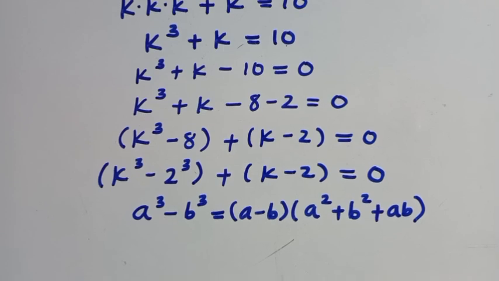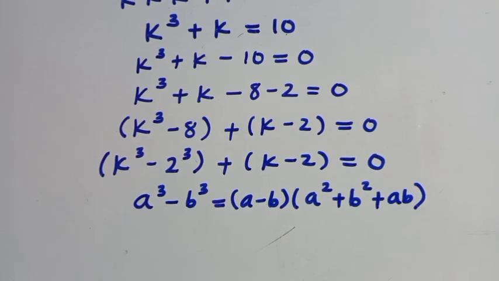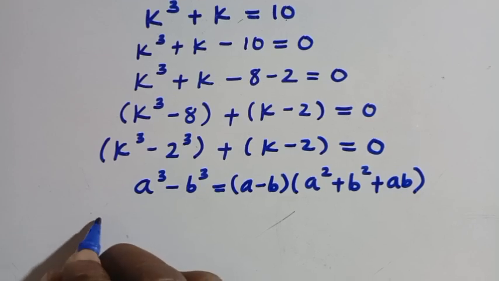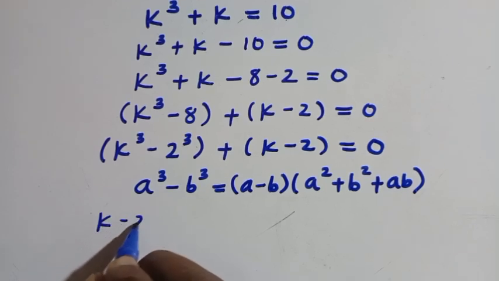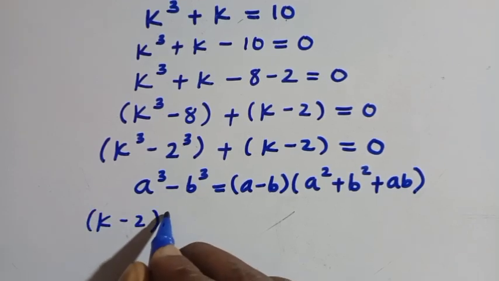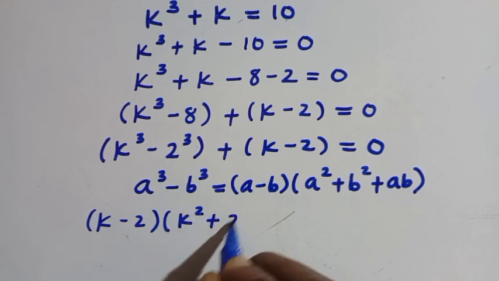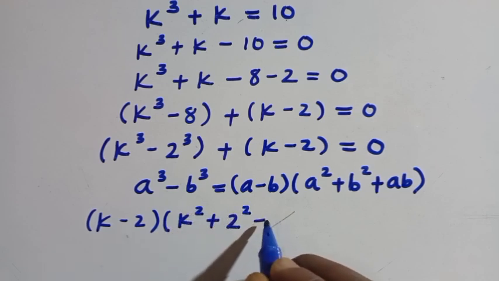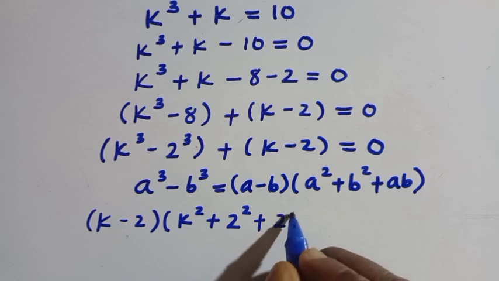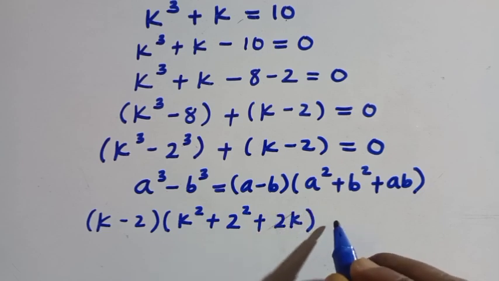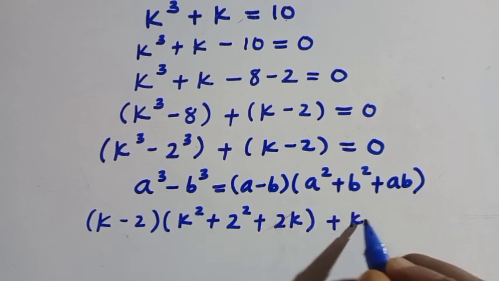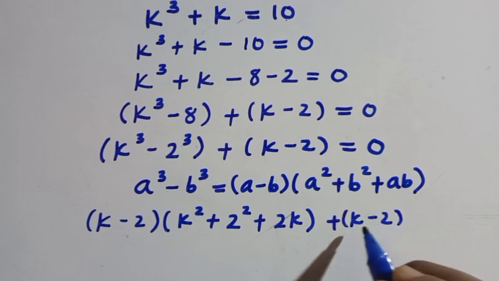And if we have k equals a and b equals 2, so definitely we are going to have k minus 2 multiplied by k squared plus 2 squared plus 2k, plus k minus 2 equals 0.